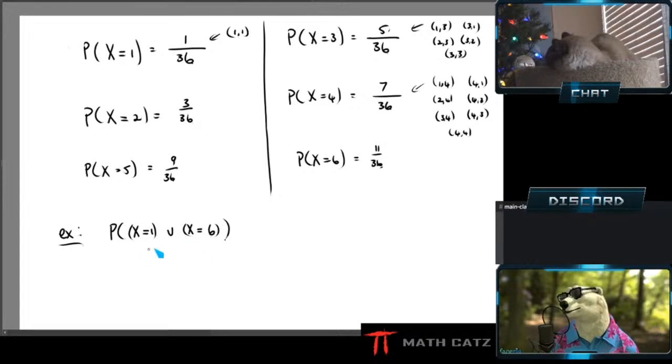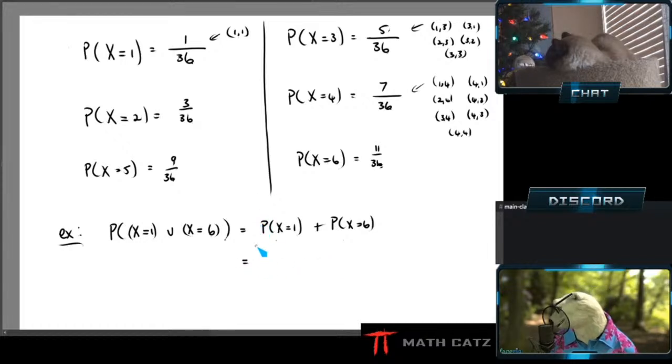And I can merge the requirements of those events. It's the probability that x equal to 1 plus the probability that x equal to 6. Technically, these are sets, rather. So my formula says the union is the sum of the individual ones minus the intersection, but these have no intersection. We call them mutually exclusive events. They have no overlap, so I just add them individually.